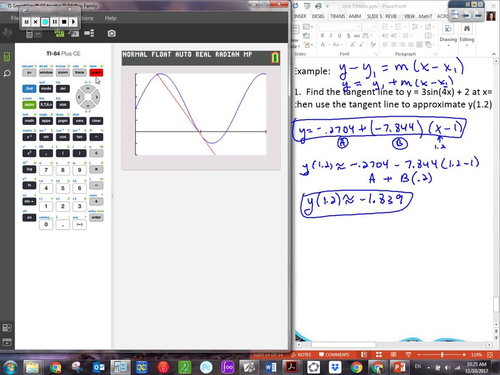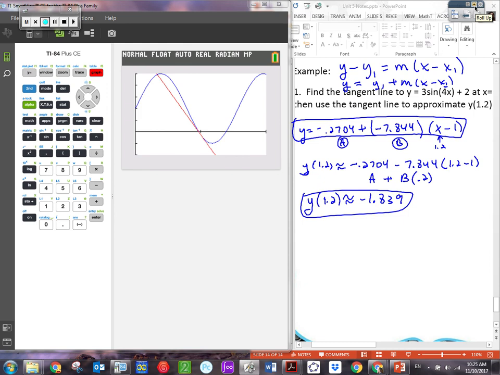What did I find? So the blue is the curve, 3 sine 4x plus 2. And see the red line right there? That's the tangent line that we just found. You see that? We found the tangent line at 1. See how that point of tangency is at 1? We calculated the slope and we found the tangent line at 1. That's what we did. And we just used this tangent line to approximate 1.2.